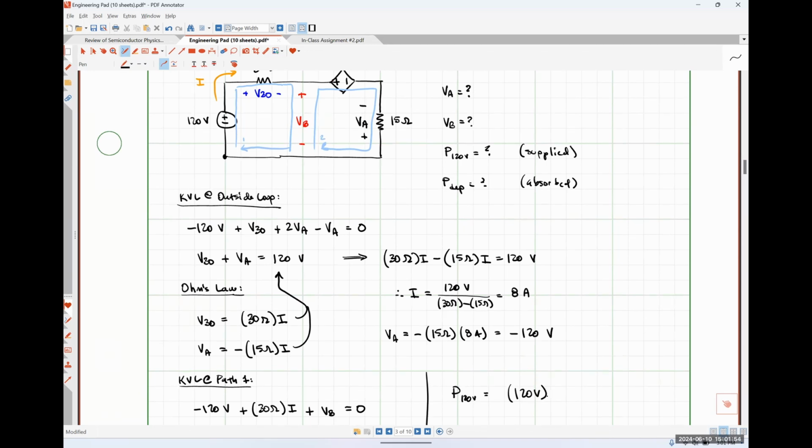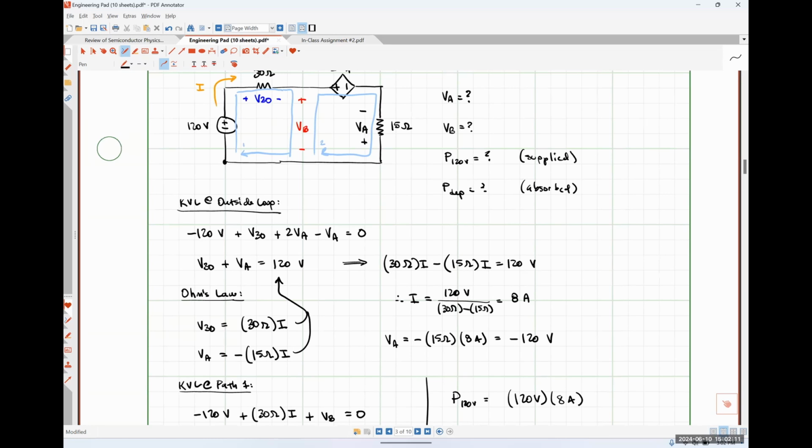How much current is flowing through the 120 volt source? The 8 amps. All right. We are calculating supplied power. So is that current of 8 amps flowing into the positive polarity terminal or into the negative polarity terminal of our 120 volt source?